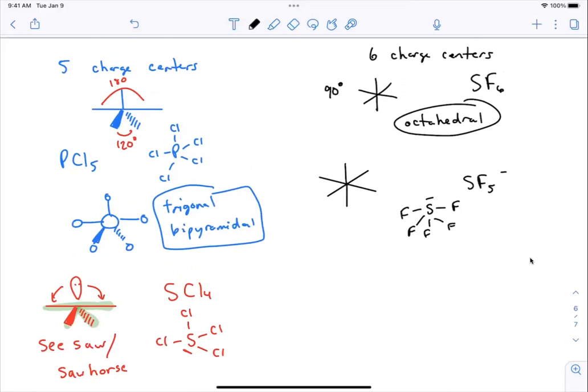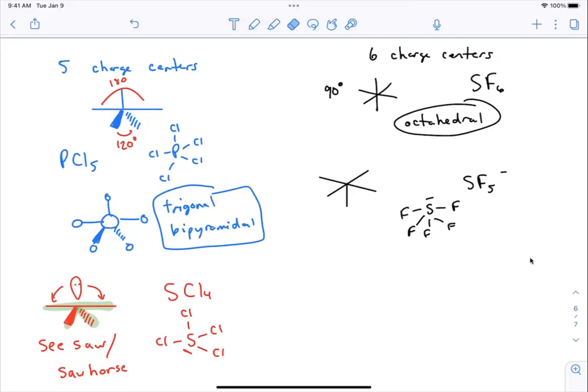Does it matter which of these points I make a lone pair? No. So for sake of visual, I will take off the top one because I've taken the top one off of every single one before that. So what shape is left with this structure?